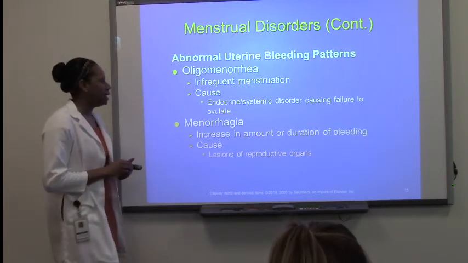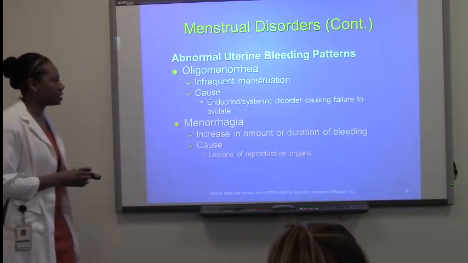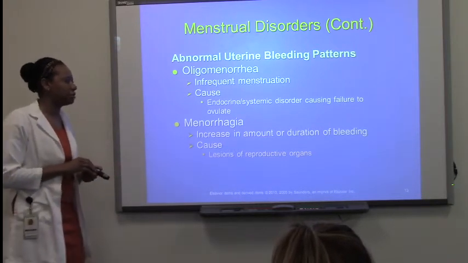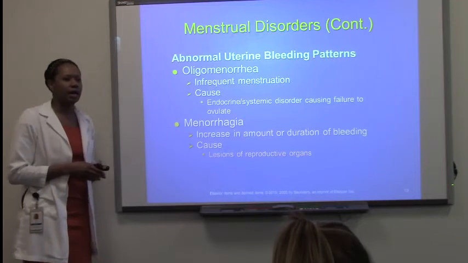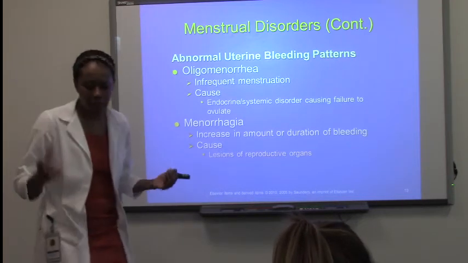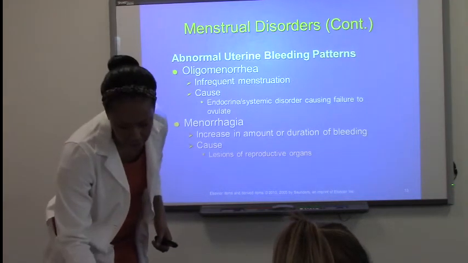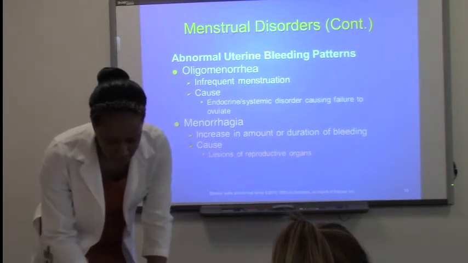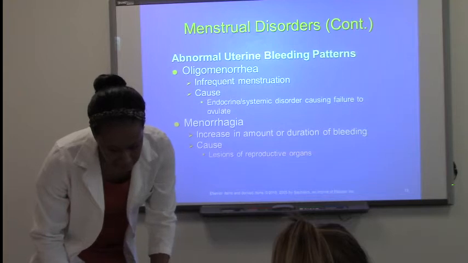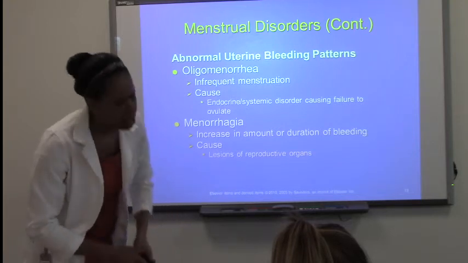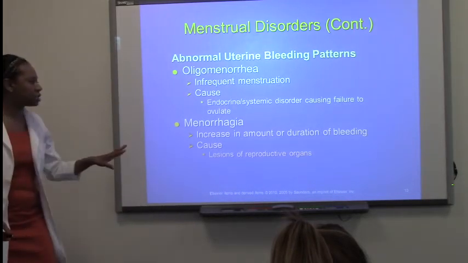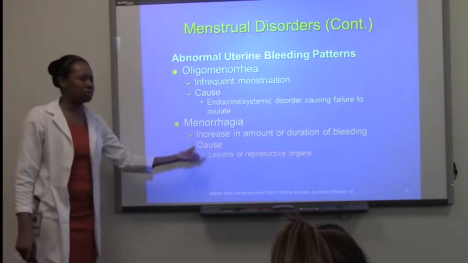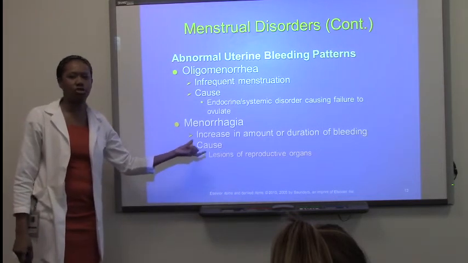Okay. Now, menorrhagia is an increase in the amount and duration of bleeding. So this is, we can say, more of a heavy flow, or an increased amount of blood during the menstrual cycle. The causes here can be lesions of the reproductive organs, and we're going to go into this again when we talk about endometriosis.